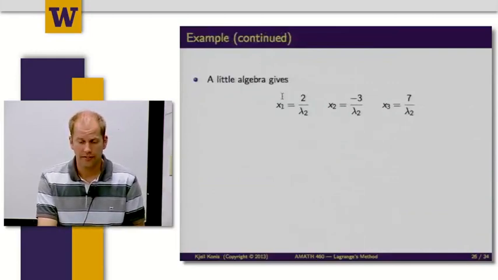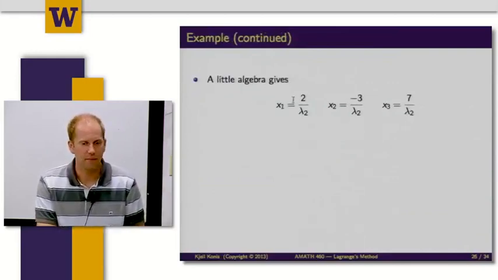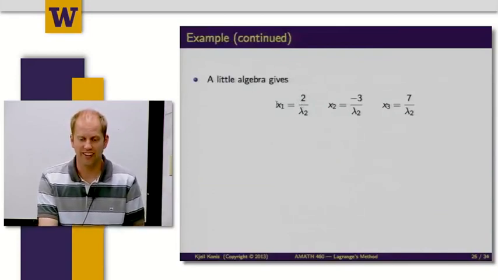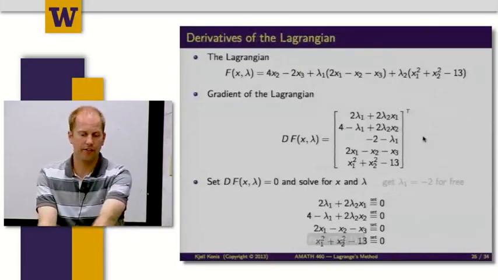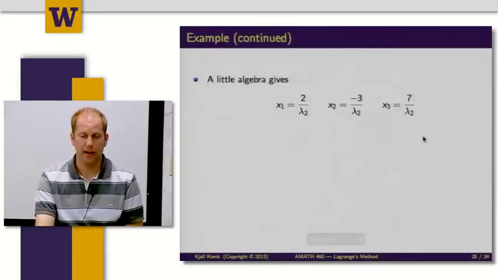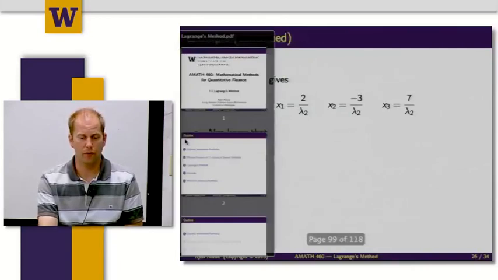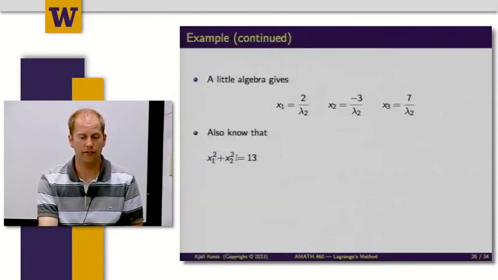And so if you do a little algebra, which I decided to skip in the interest of brevity, you can solve for x1, x2, and x3 in terms of lambda 2. And so you end up with these three expressions for x1, x2, and x3. And I got those just from the first three equations. And then I'm going to combine that with the fact that I know x1 squared plus x2 squared is equal to 13.